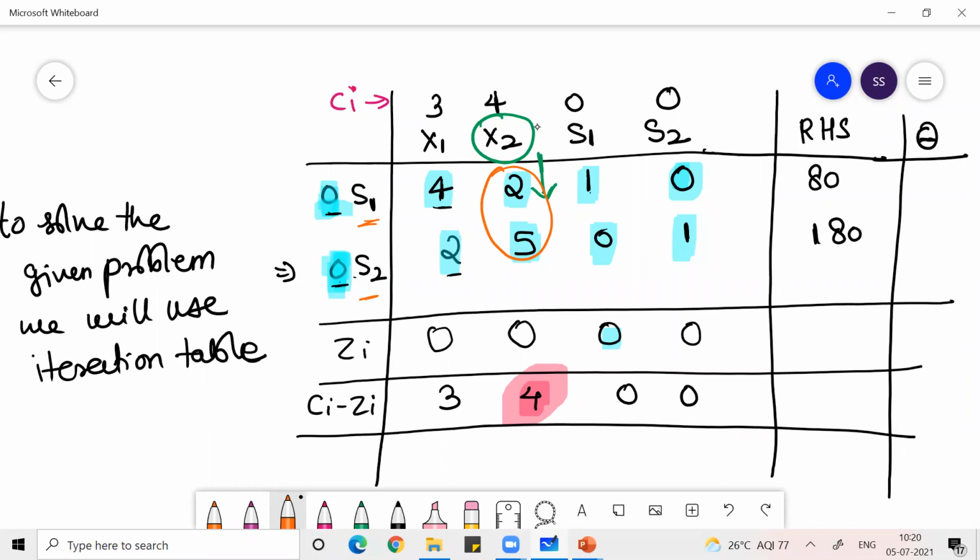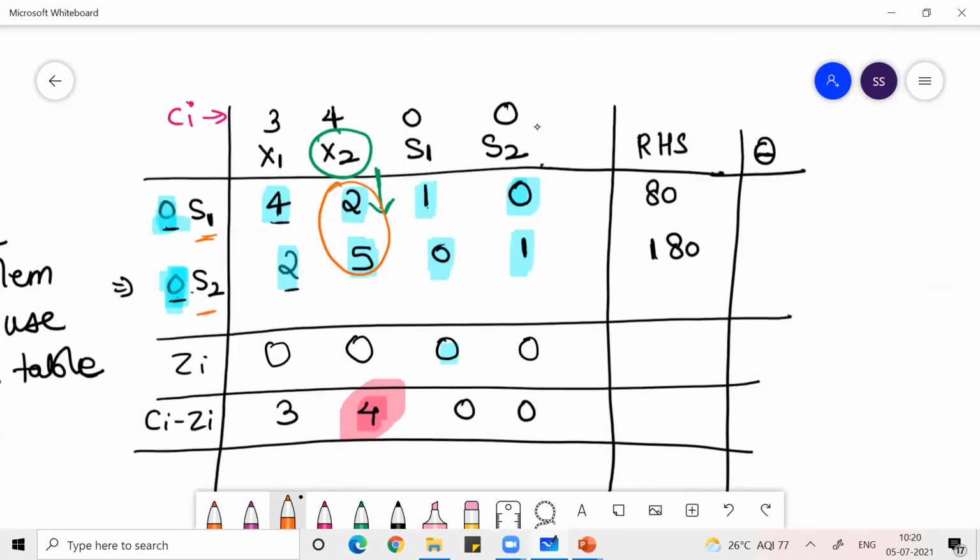Which one it will replace depends upon the theta value. What is theta? Theta is basically your RHS divided by the corresponding element value. So this would be 80 divided by 2, and this would be 180 divided by 5. 80 divided by 2 is 40 and 180 divided by 5 is 36.